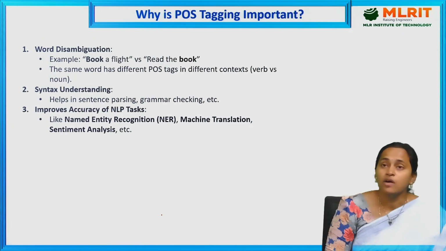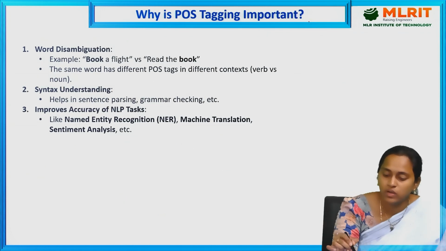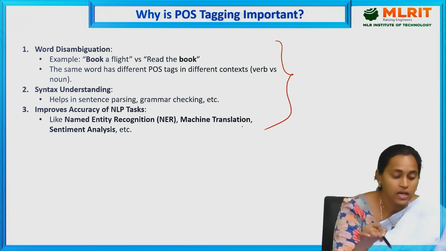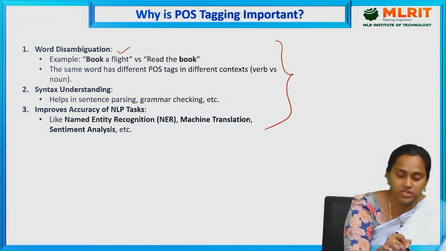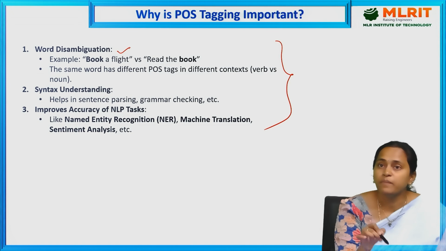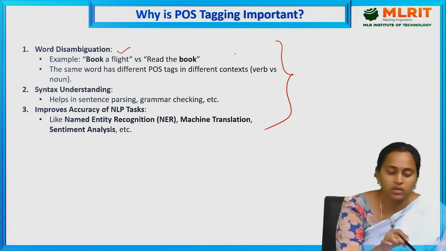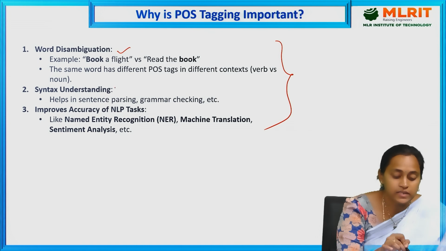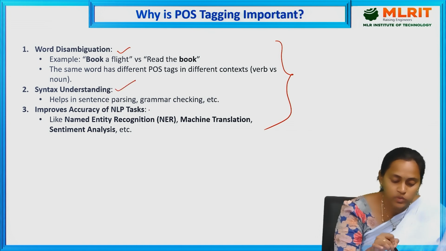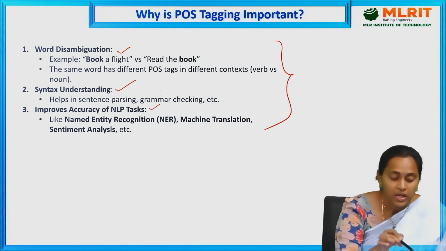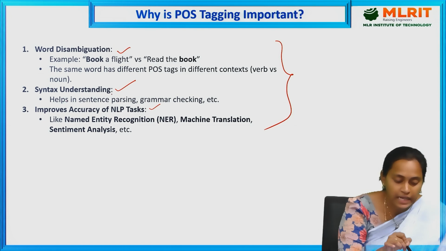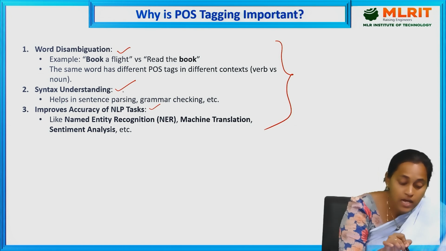Let's see why POS tagging is important. It plays a major role in three areas: word disambiguation, syntax understanding, and improving the accuracy of NLP tasks. Whenever ambiguity is found, by using the POS tagger we can resolve that ambiguity in words. Syntax understanding means it helps sentence parsing.